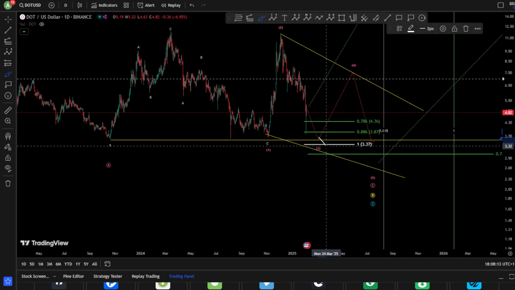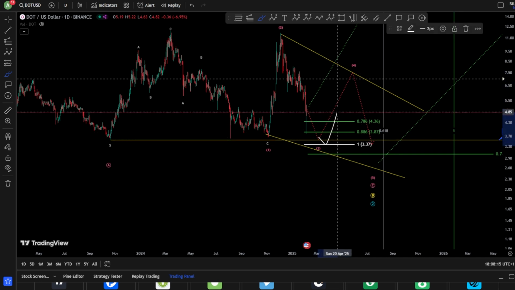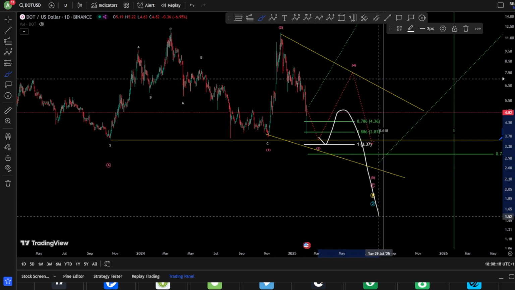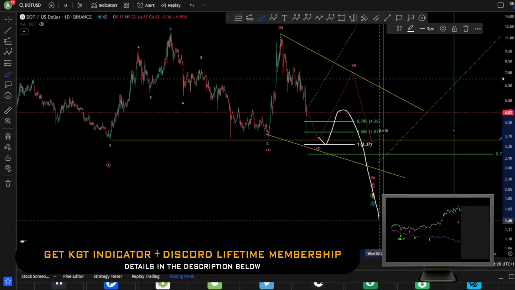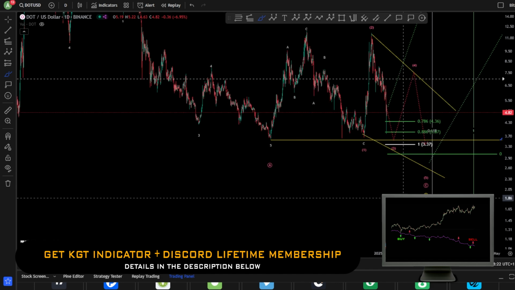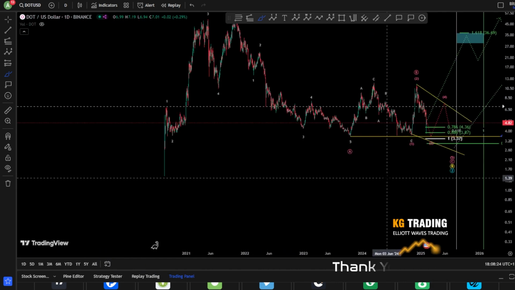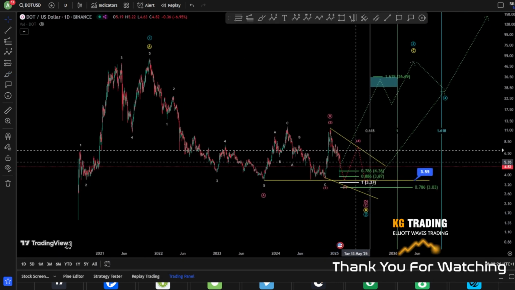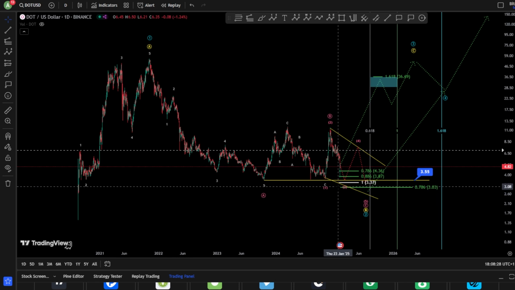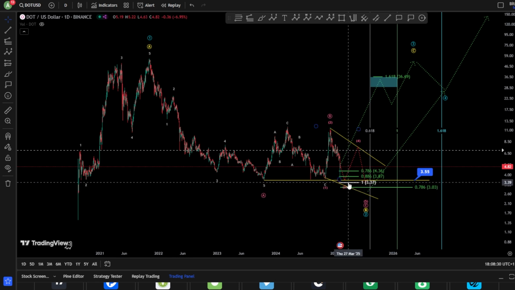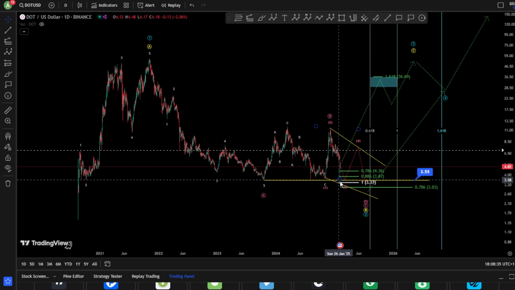Taking the 3.37, guys, it's going to go back, of course, but then it's going to move even lower. This is the idea. So Polkadot, to be watched. Be careful with it. We are between a very, very tiny difference between bullish and bearish. So we have to watch this price action that I just mentioned.